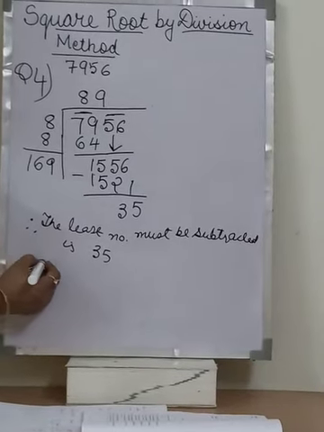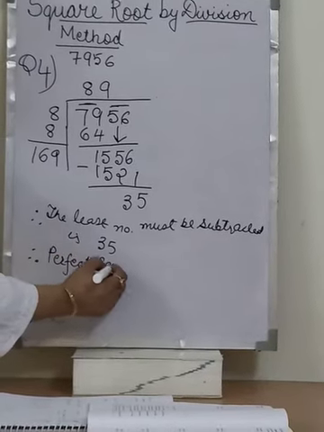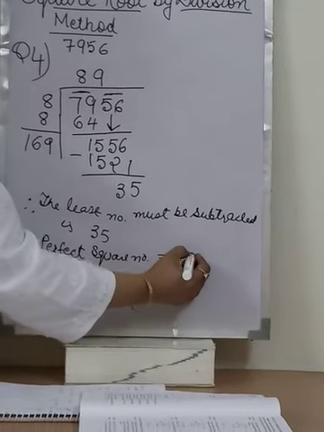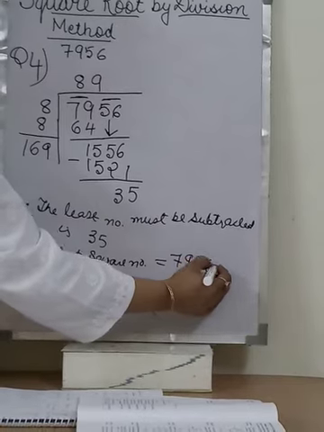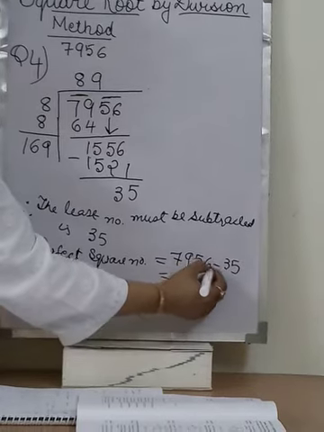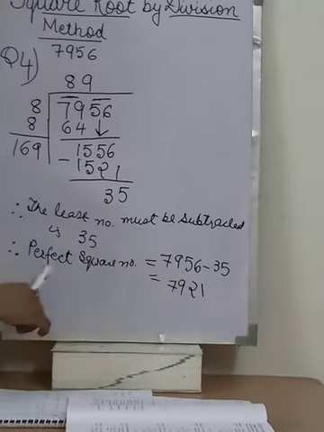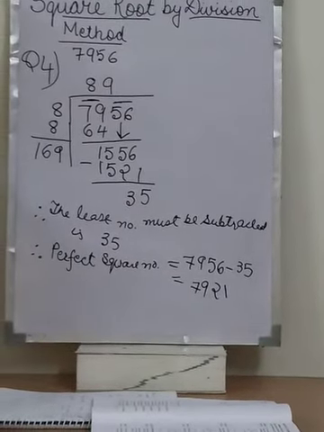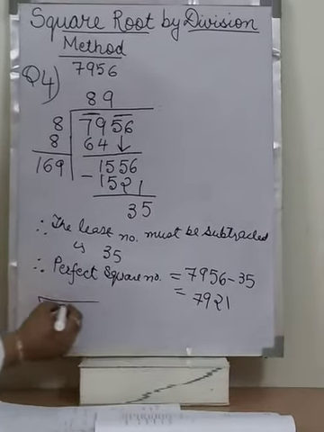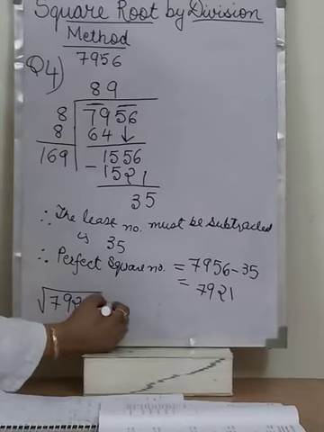Therefore the perfect square number will become, we remove 35 from 7956. When you remove, 6 minus 5 will give you 1, 5 minus 3 will give you 2. So the next perfect square number is 7921. Okay. Now they are saying find its square root also. So we find the square root of 7921, which is 89 only. You can cross check.